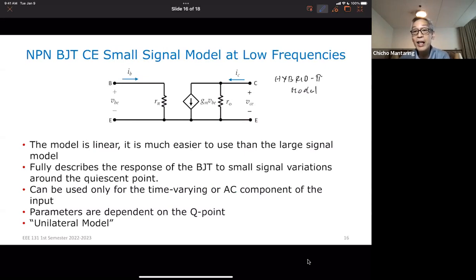Whatever the small signal model for your NPN transistor, that is also the small signal model for your PNP transistor. What changes in the PNP transistor is only when you do bias computation, when you're computing for the bias point. But when you're doing small signal analysis, the circuit that you use for your PNP and your NPN are exactly the same.